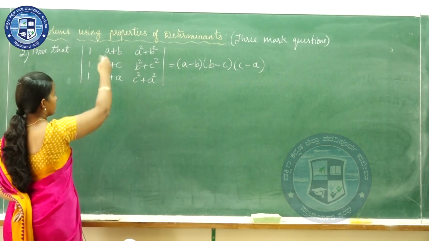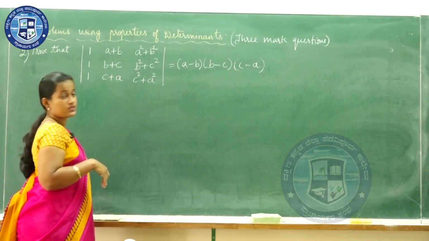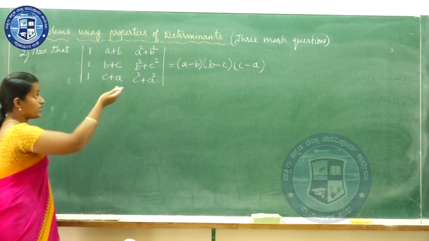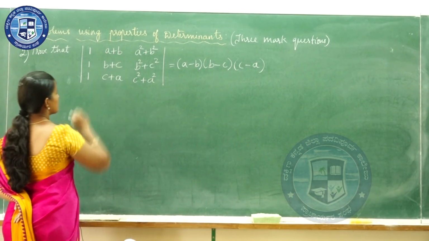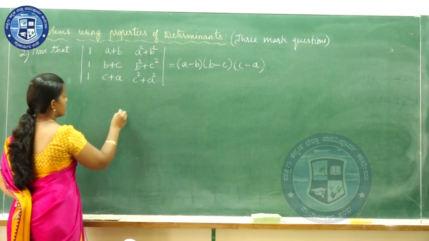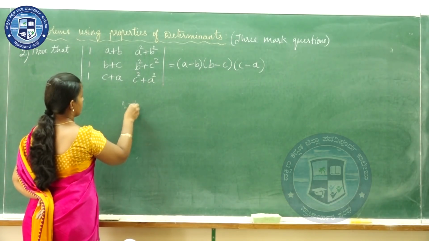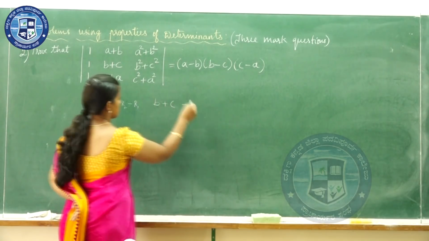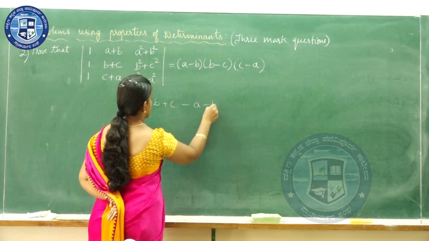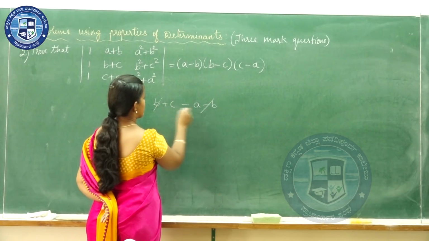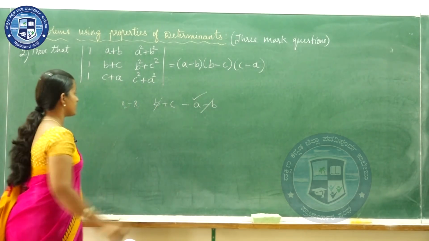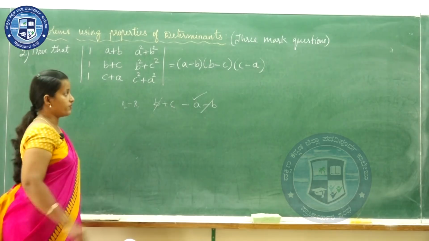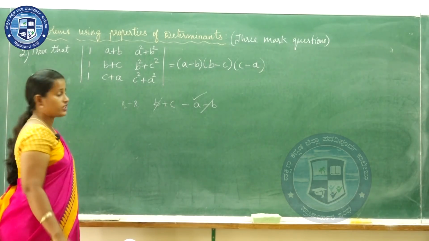So just see which two rows, if you subtract, you will get the terms. So we shall just do some rough calculations. If we do R2 minus R1, we will have b plus c minus a plus b, so minus a minus b. What do we get? We will get c minus a. We will get c minus a if we do R2 minus R1. We can also do another operation simultaneously.